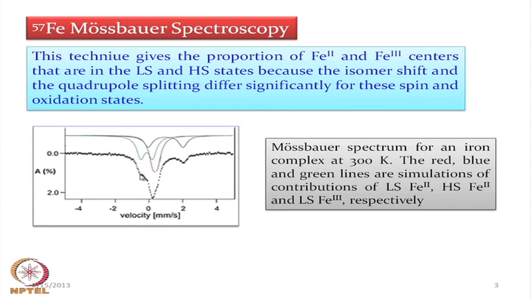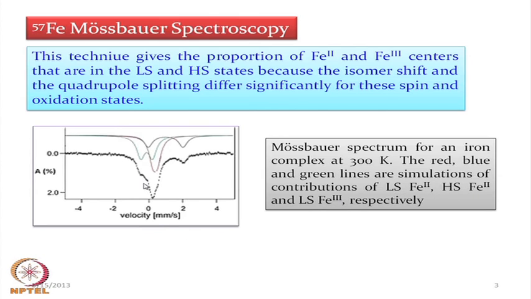So, this black dotted one, and the red, blue and green lines, these 3 lines. We can basically simulate the entire spectrum for the individual components. One particular component we have, the second one, and the third one are the simulated contributions of 3 species only, not all 4 species present.